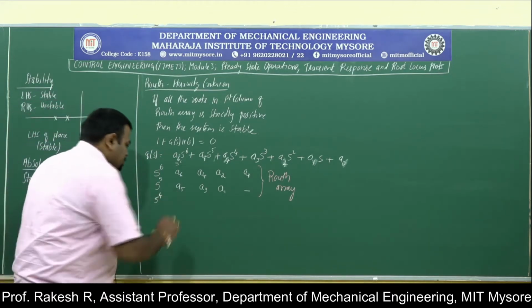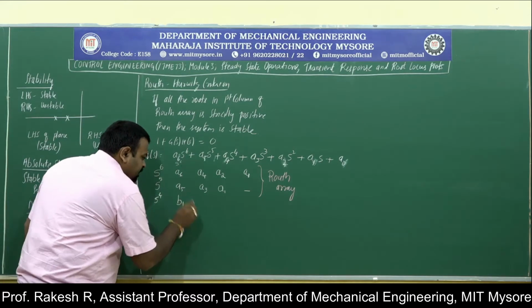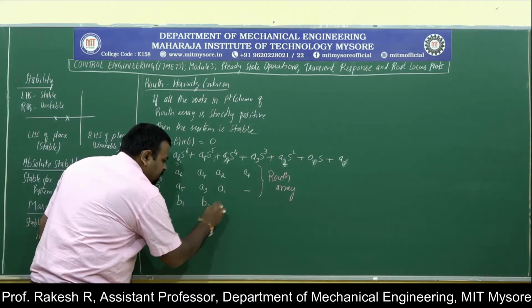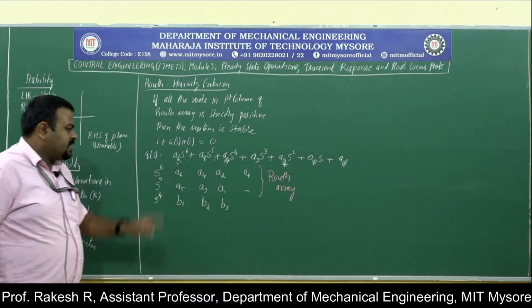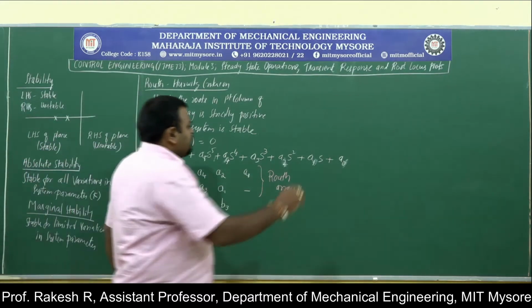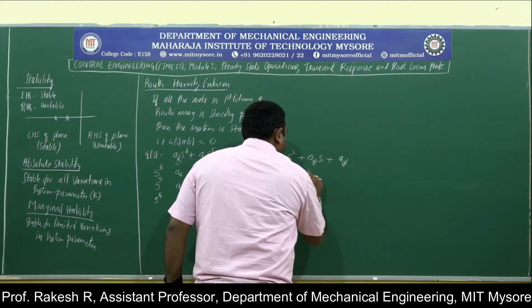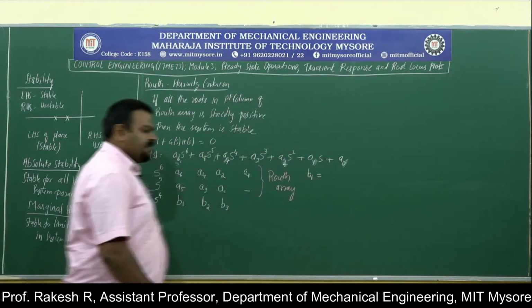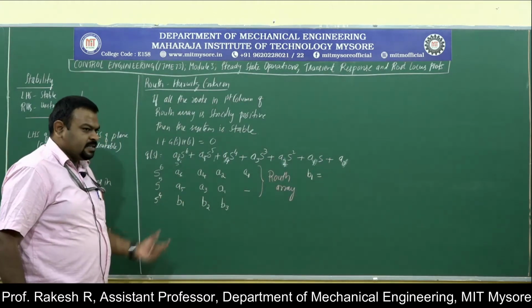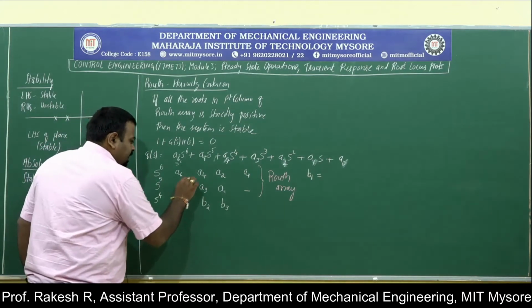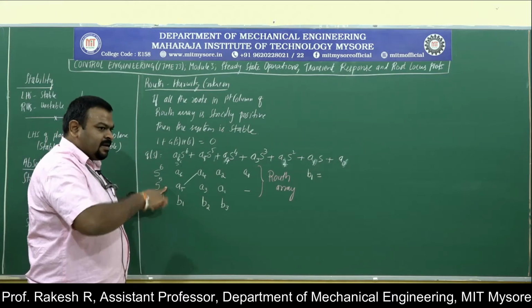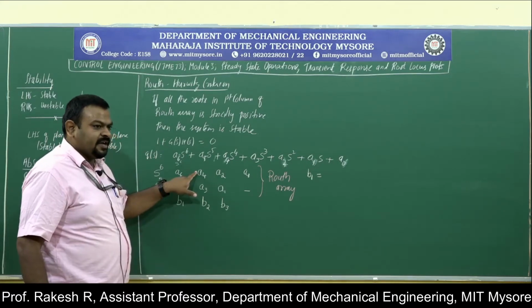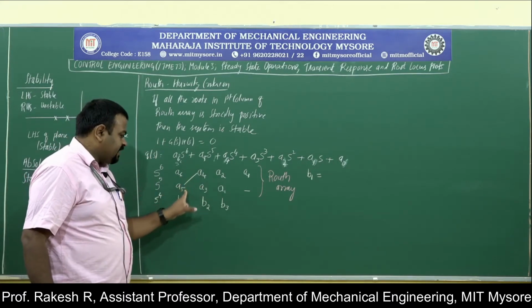What is this value? This value I will call b1, this value I will call b2, then b3, etc. So let us see what is b1. b1 is nothing but multiplying the previous Routh row with the other previous Routh row. That means cross multiplication.